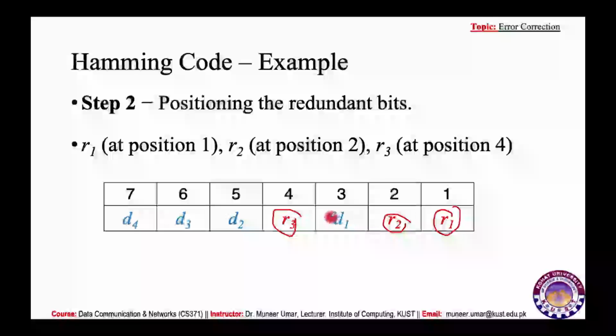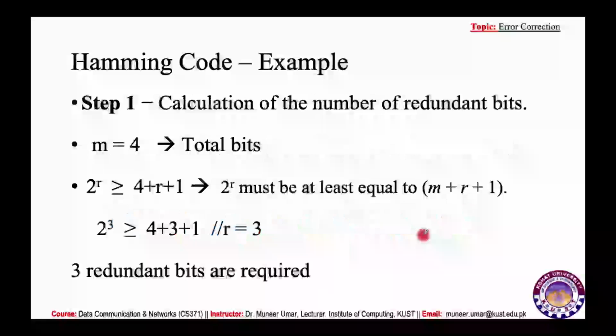So if we look into this block here, we have 4 data bits received, and with these 4 bits we have three redundant or parity bits. With the help of these 3 bits, we can judge the status of these 4 data bits, and if any error exists, then that error can be corrected with the help of these bits.